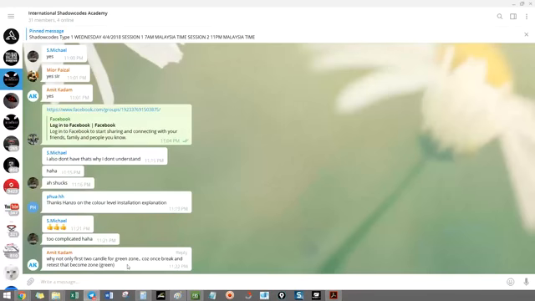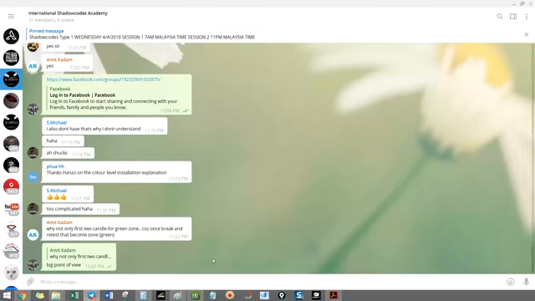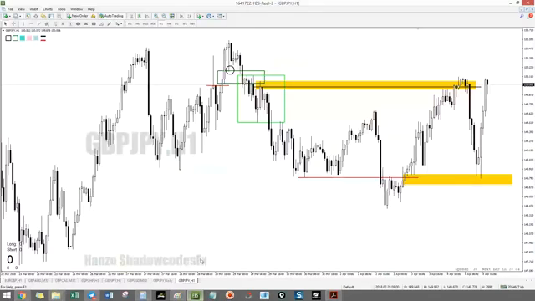Why not only the first two candles for the green zone? Because once it breaks and retests, they become the green zone. Big point of view. If you take this one like this, you still need to wait for the retest.